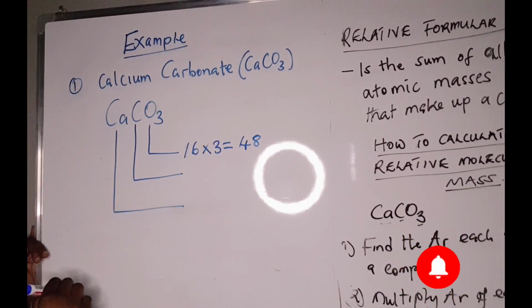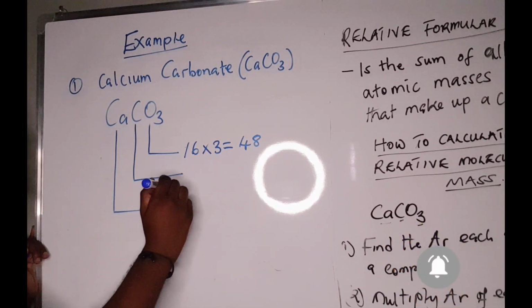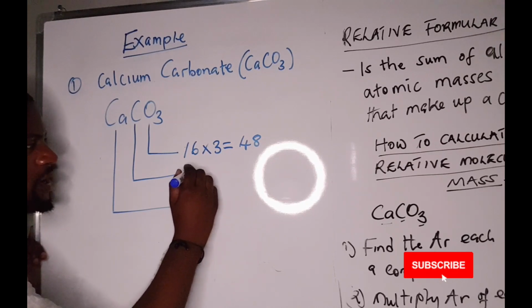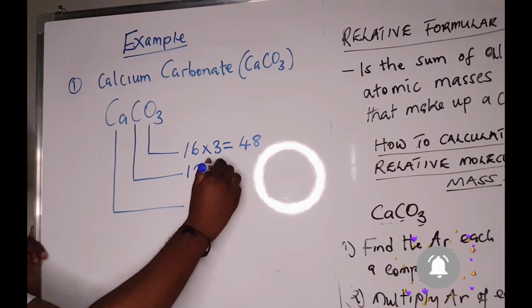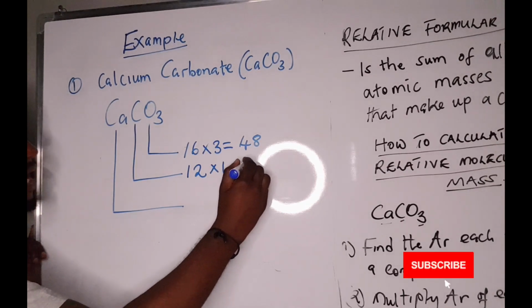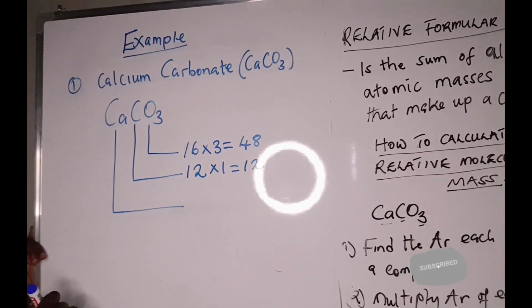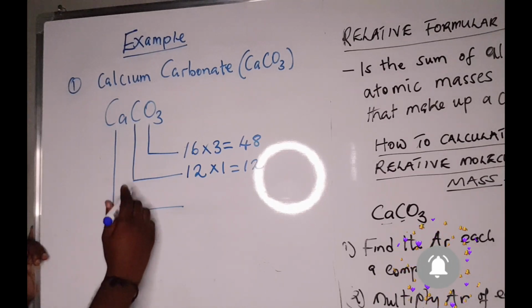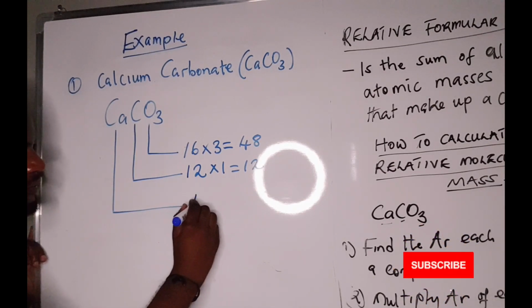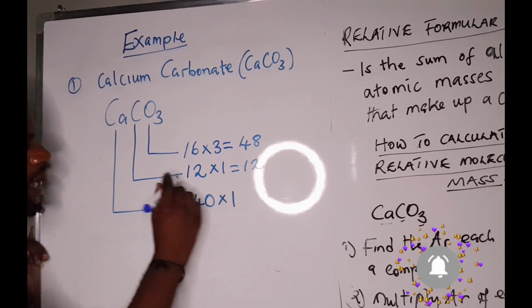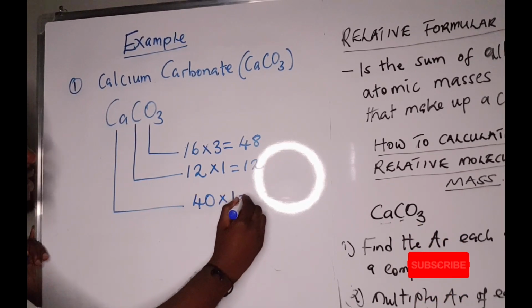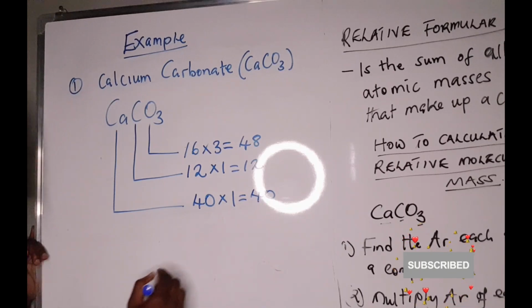Then you go to carbon. Carbon has the relative atomic mass of 12, and the number of atoms present is 1, so you have 12 there. You move on to calcium, which has the relative atomic mass of 40, multiplied by 1 atom present, you have 40 there.